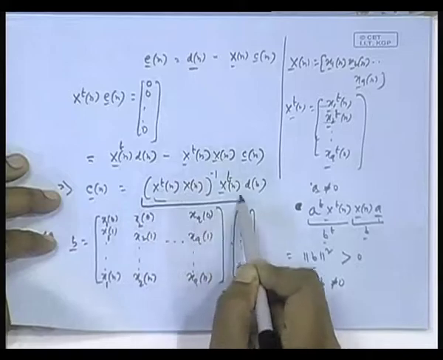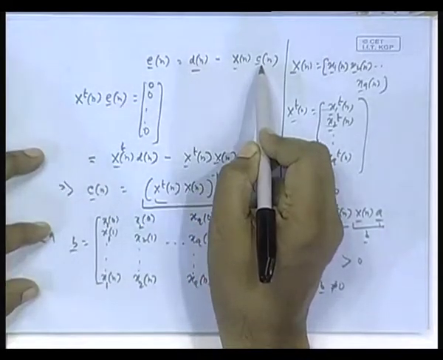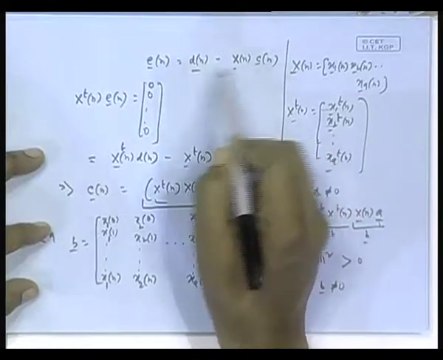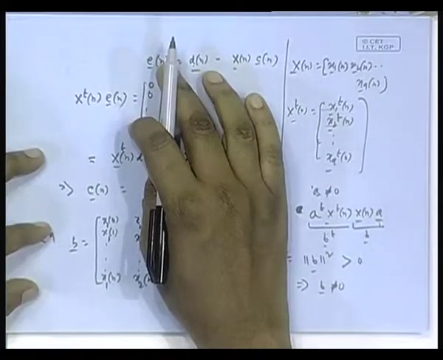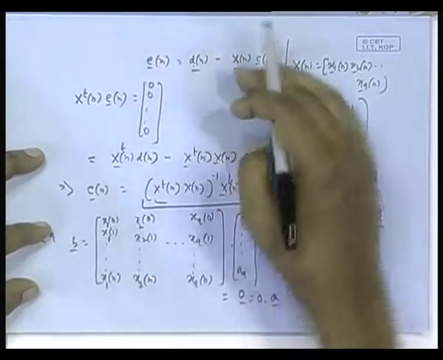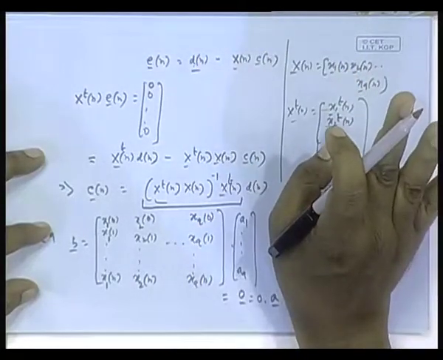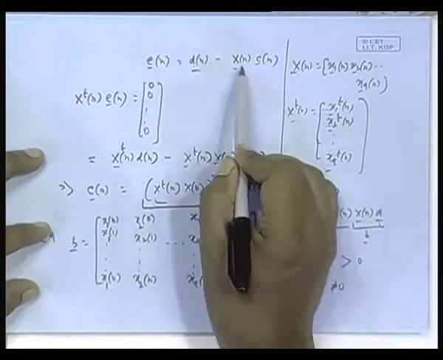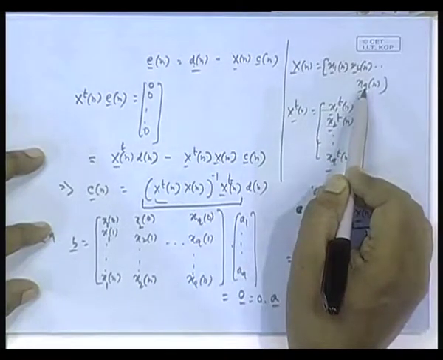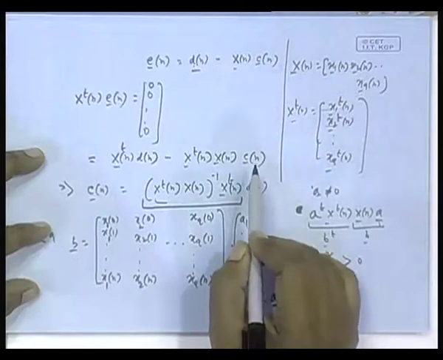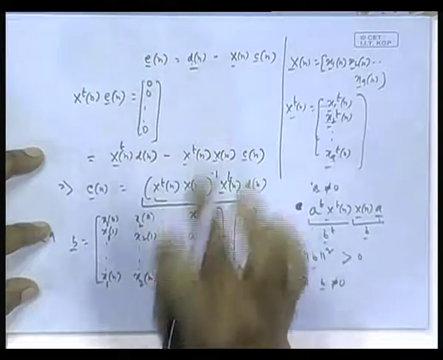So, what was our equation? We tried to find Cn such that the error norm squared of xn Cn minus dn is minimized. Xn in general could be such that the number of rows is much higher than the number of columns. If dn is already present in the column space of xn, that is, in the space spanned by the columns, then you will get a linear combiner so that xn into Cn is exactly equal to dn and the error is 0.